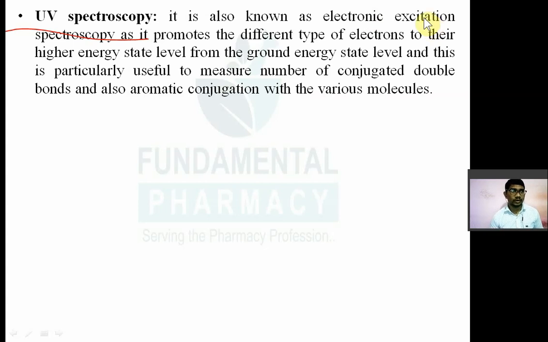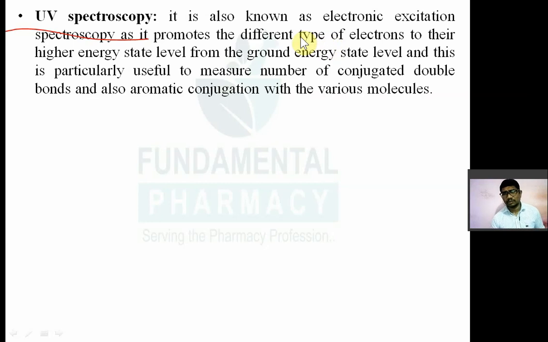If there is a carbon-carbon single bond, that is known as a sigma bond. If there is a carbon-carbon double bond, that is known as a pi bond. And in a compound like, for example, NO2, the lone pair of electrons there is known as non-bonding electrons. So there are different kinds of electrons present in the molecule.